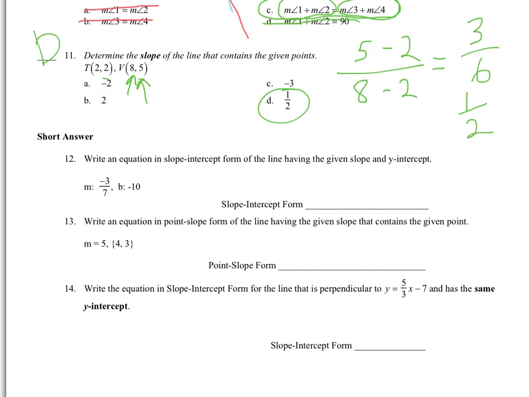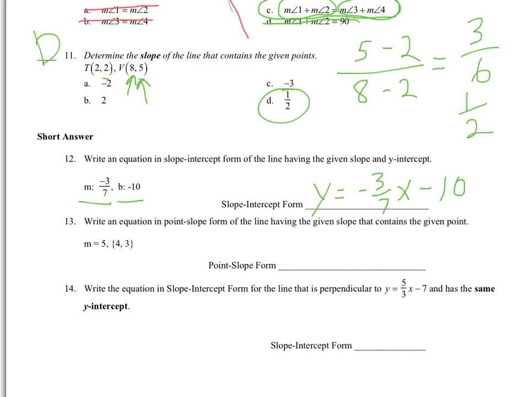Okay, write an equation in slope-intercept form. They've given you everything. This is your slope, this is your y-intercept. So it always starts with y equals my slope, -3/7x, and my y-intercept, which here is -10. And that's my answer. Write an equation in point slope.